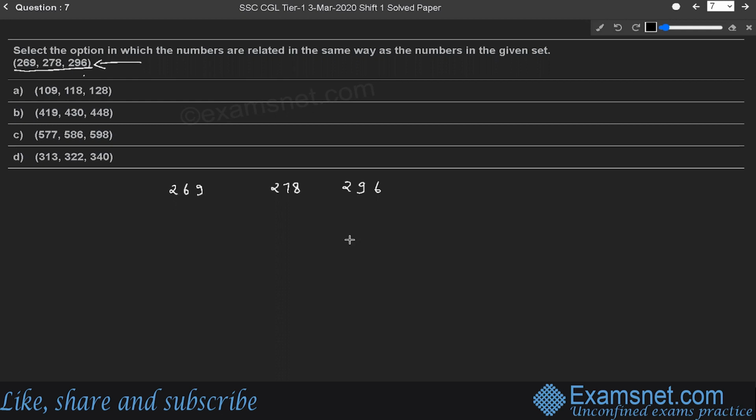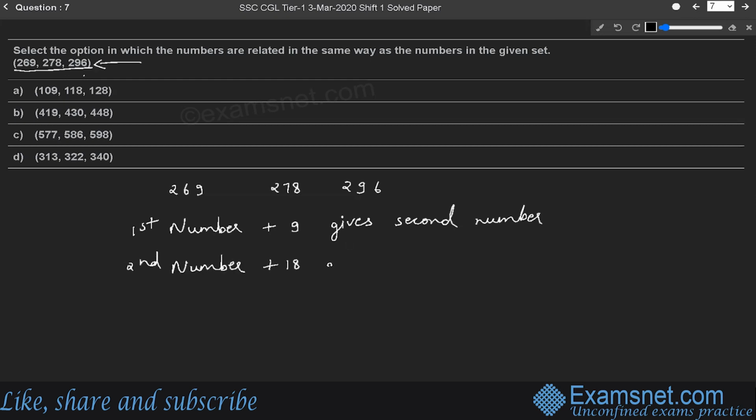Okay. So the pattern is first number plus 9 gives second number, and second number plus 18 gives third number.